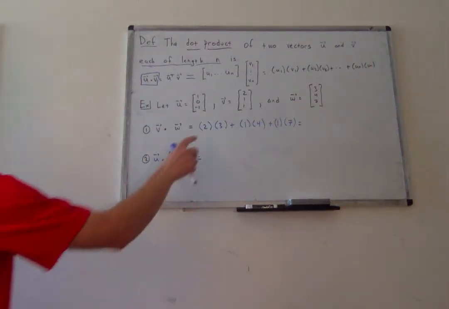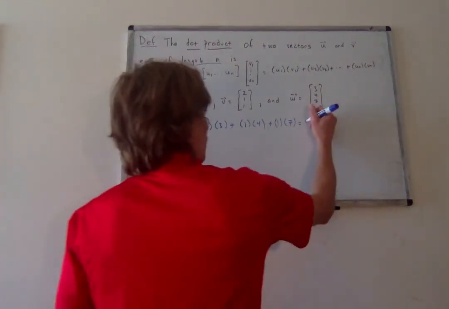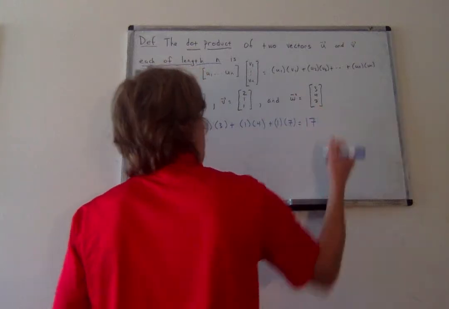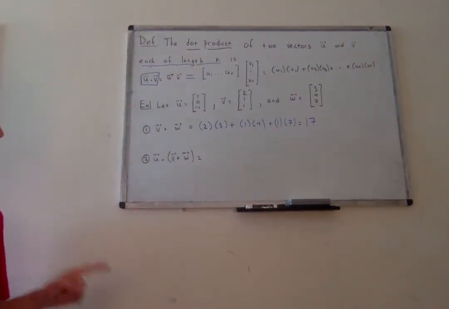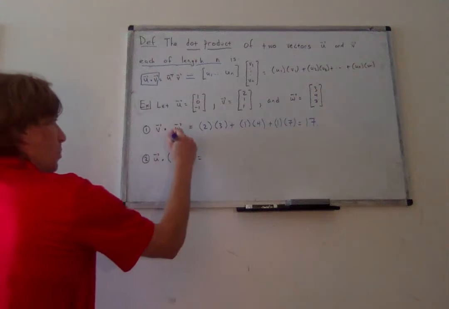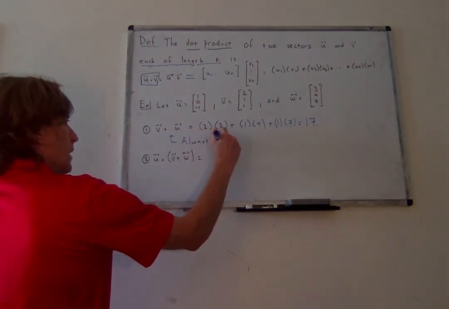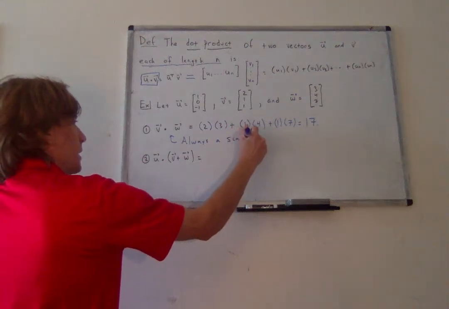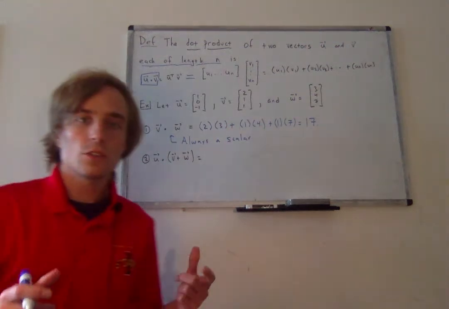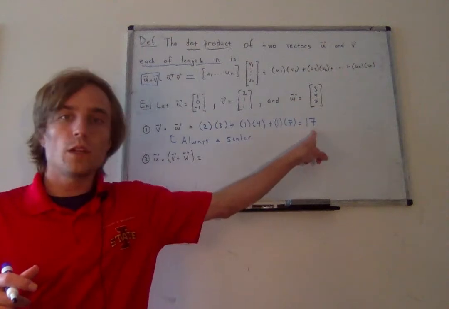And so this is 6 plus 4 plus 7, which is 17. So one thing to notice, the dot product of 2 vectors is always a scalar. We take 2 vectors, take their dot product, we get one number out.